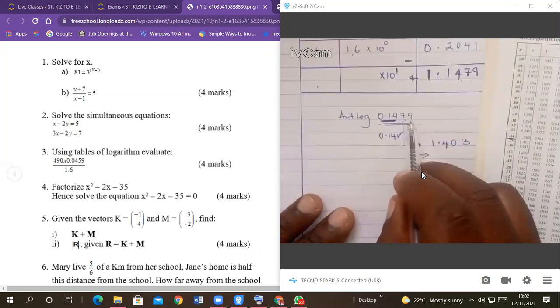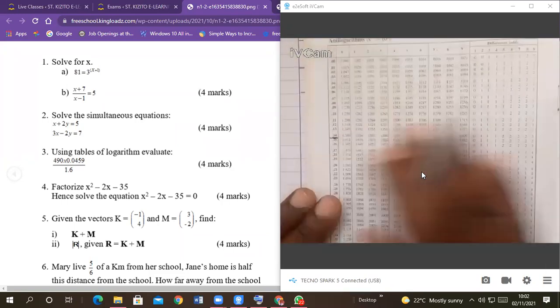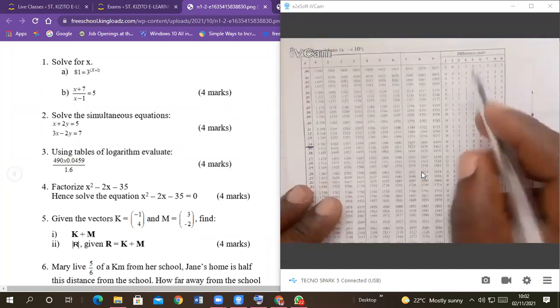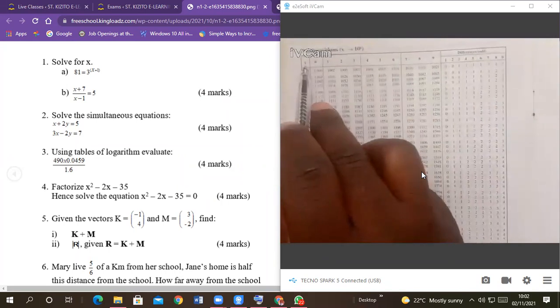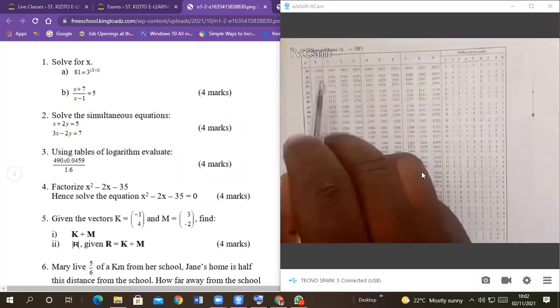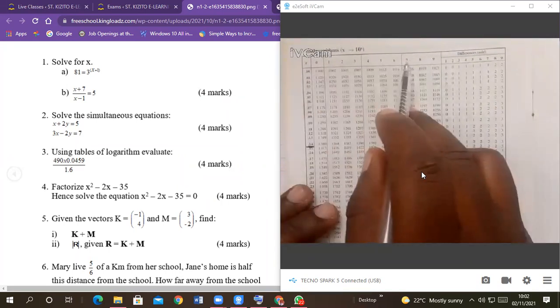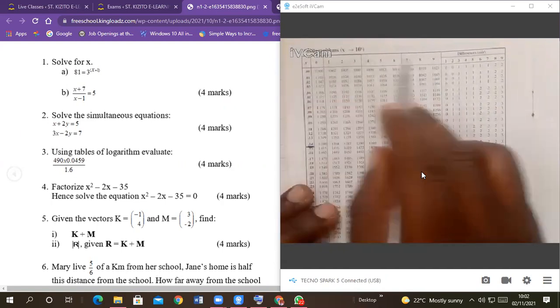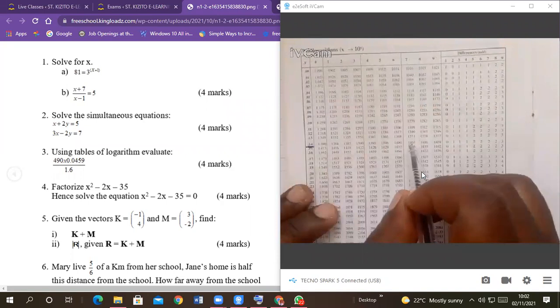Actually, it is the 4th decimal place. So now I'll go to the part where we have differences. First, I looked at 1.4 from the X. Now I looked for 7 along this column here, and I got to the value.